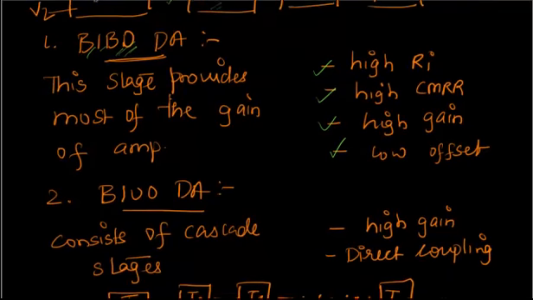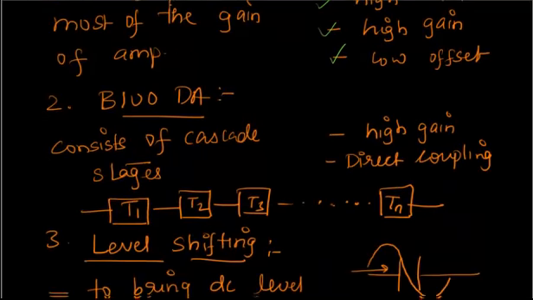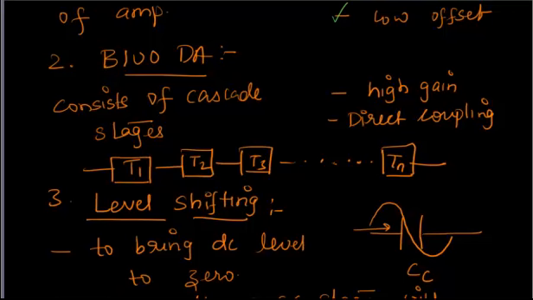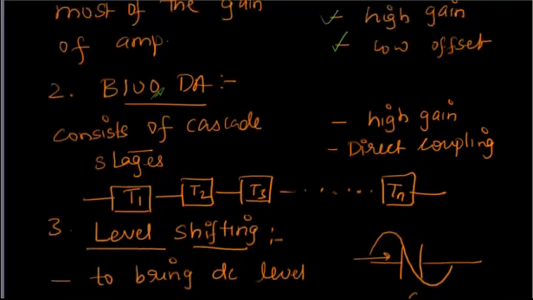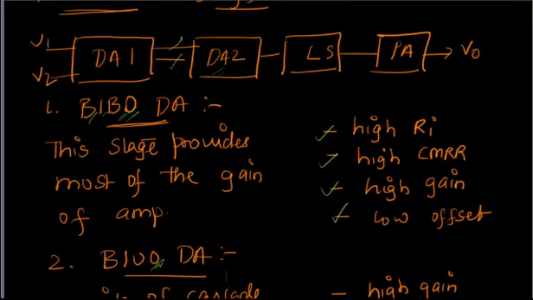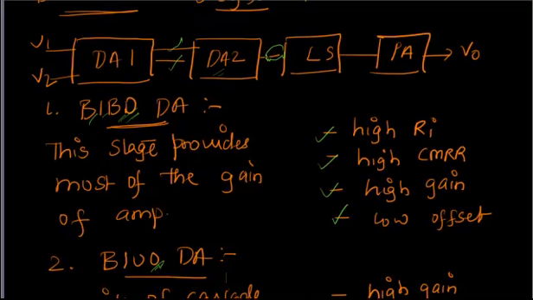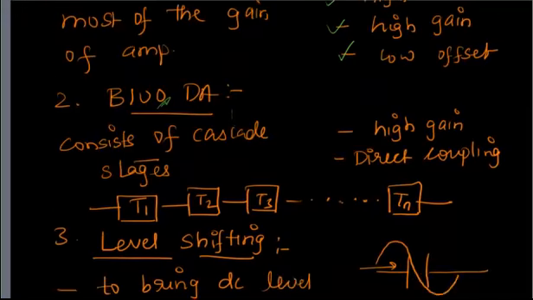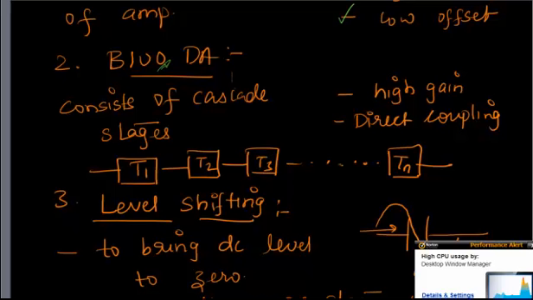And coming to the next stage, as I said above, it is a bounded input, unbounded output. Here the unbounded output means only one output. Now here these are the characteristics. Similarly, this is also a high gain amplifier, and this essentially consists of many stages of cascaded amplifiers.